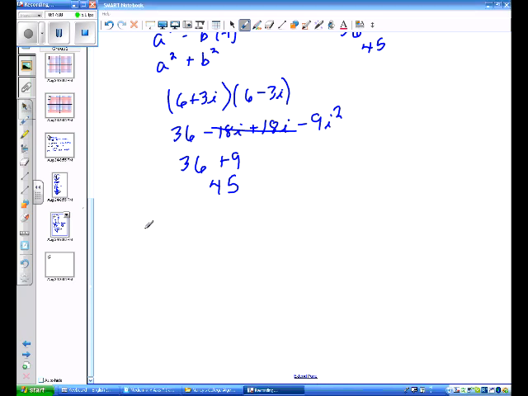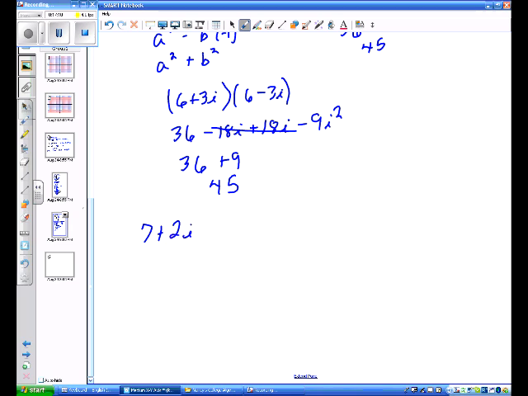If we had 7 plus 2i times 7 minus 2i, then according to our pattern, that's going to be 49, a squared, plus b squared, which is 4, so we would get 53.